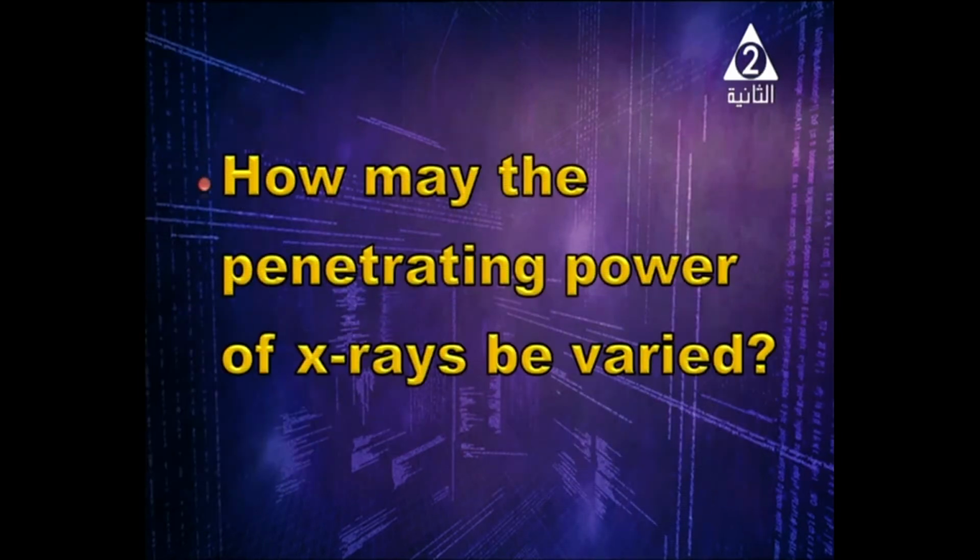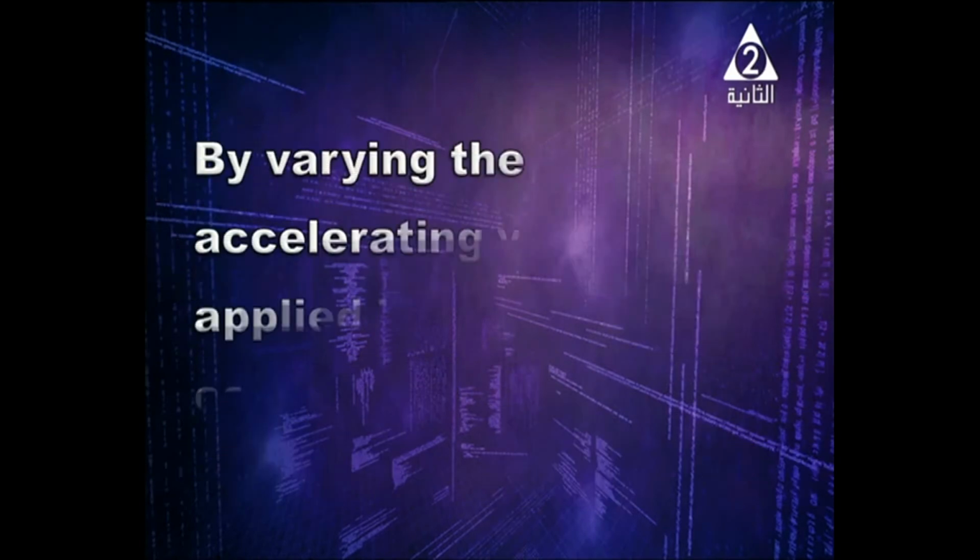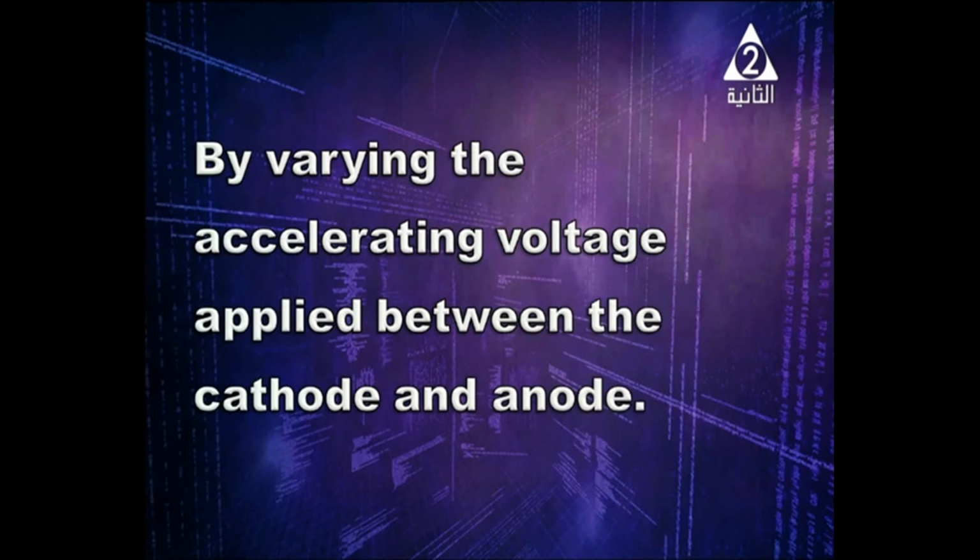Another item on the same question: how may the penetration power of X-rays be changed, be varied? How can we change it? Okay, by varying the accelerating voltage applied between the cathode and the anode.